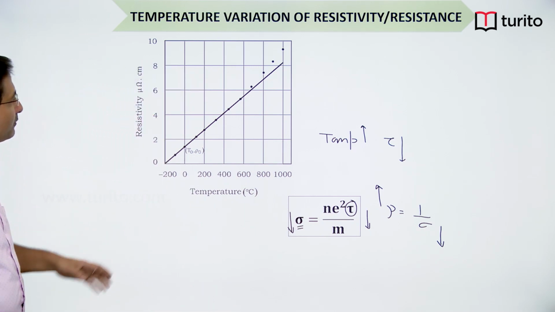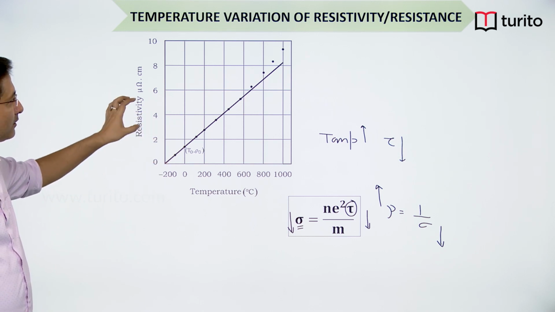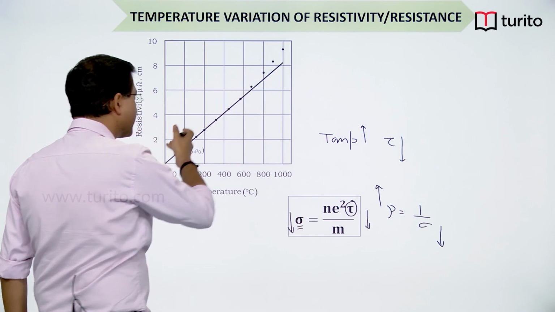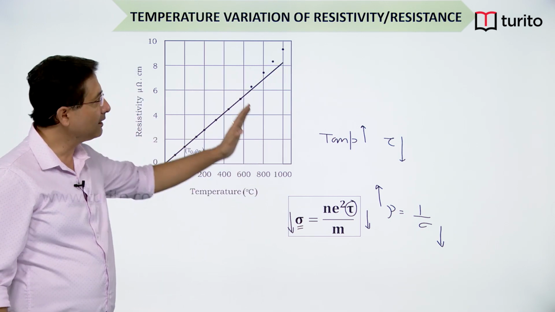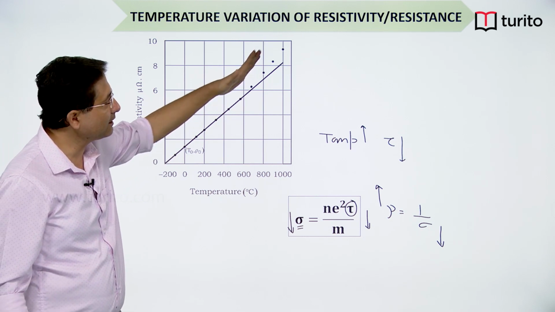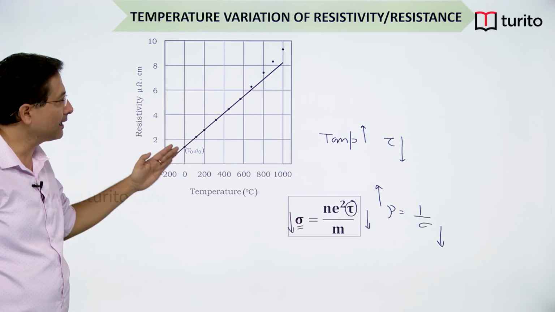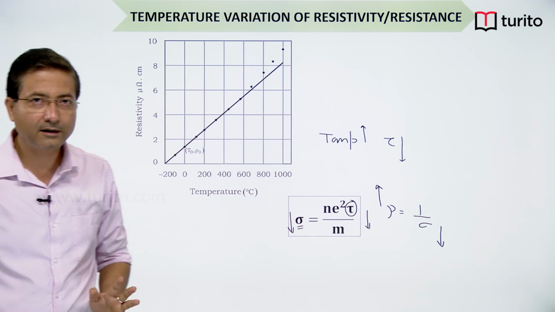When we plot the curve between resistivity and temperature, we get a curve that is almost a straight line. At the higher temperature, you can see that these dots start deviating from a straight line, right. So, for a small temperature range, I can assume this relation to be almost linear, right.